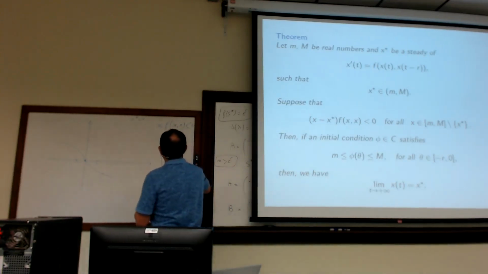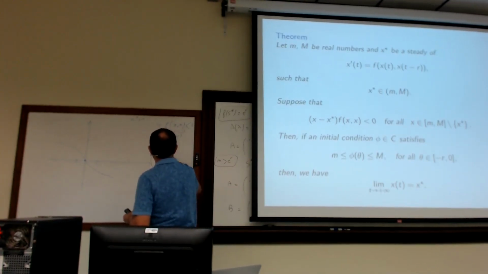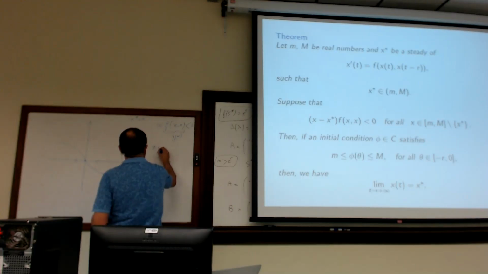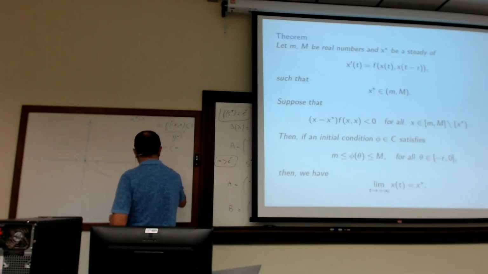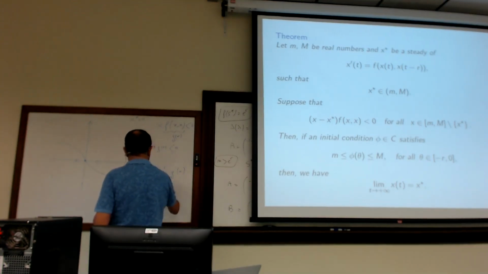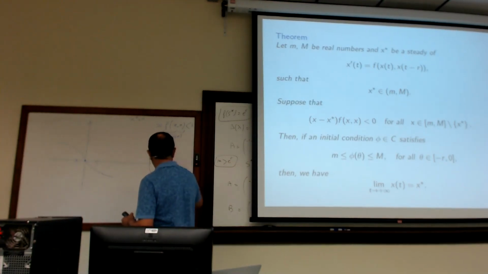Maybe to remind you, if I put this g of x and consider the ordinary differential equation x prime equals g of x, this means that x prime is negative, and 0 is the steady state.